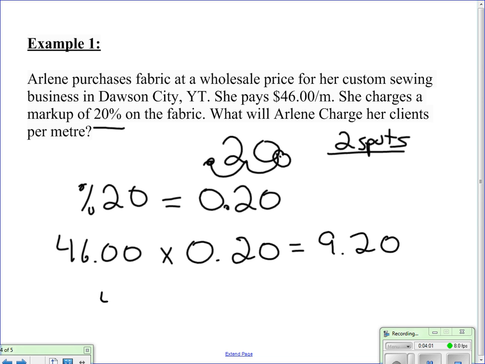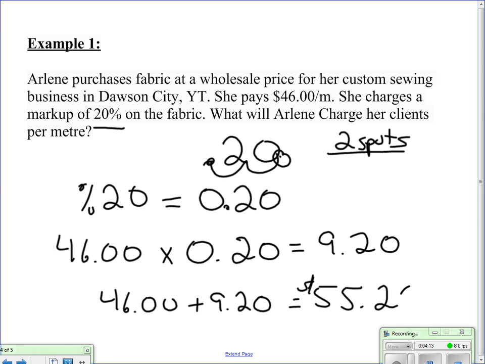So she'll have her price here plus her markup for a total price of $55.20. Okay, and that's how we look at decimals and percentages. Let's do another example.